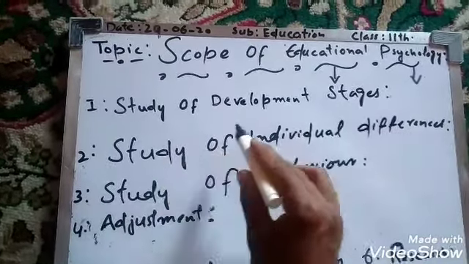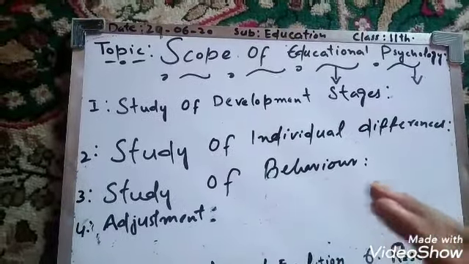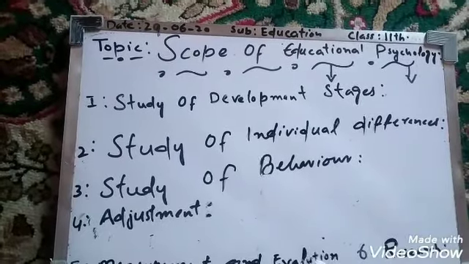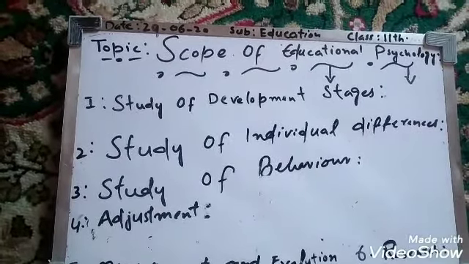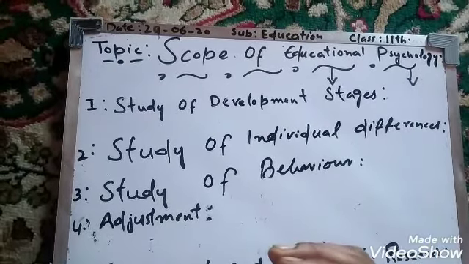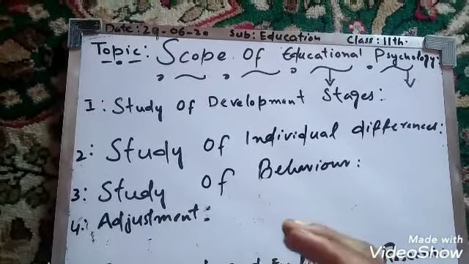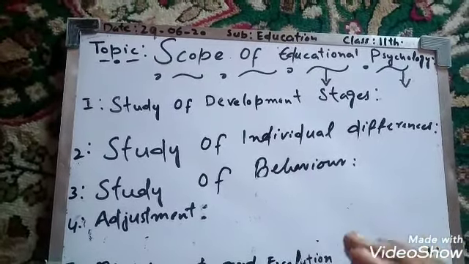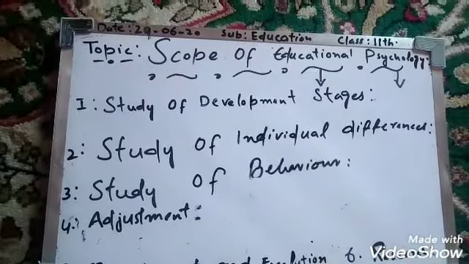The first one is the study of development stages. There are different growth and development stages of a child, from infancy to childhood to adolescence. The rate of growth and development at different stages must be known by the teacher so that he will teach them accordingly.